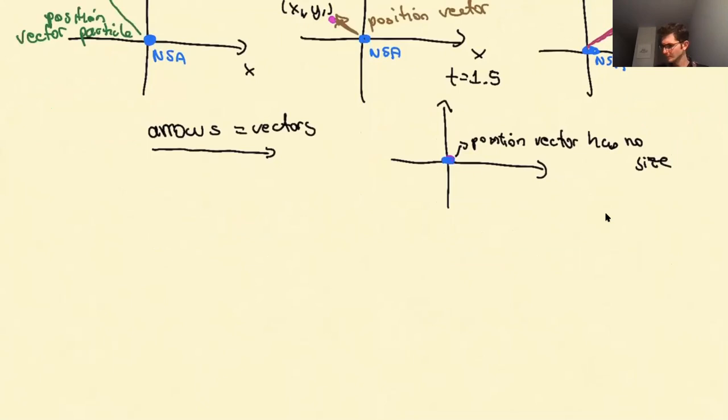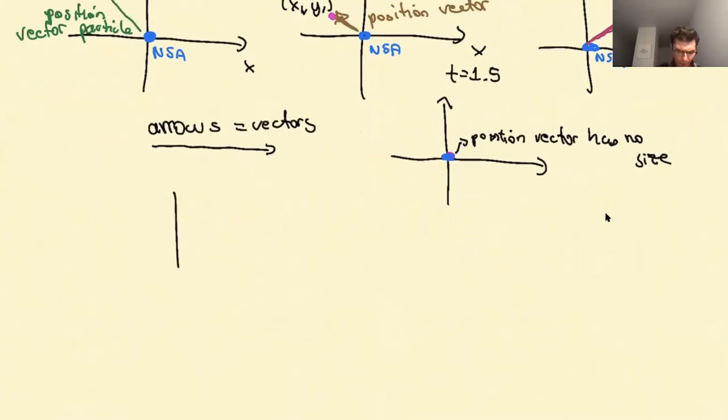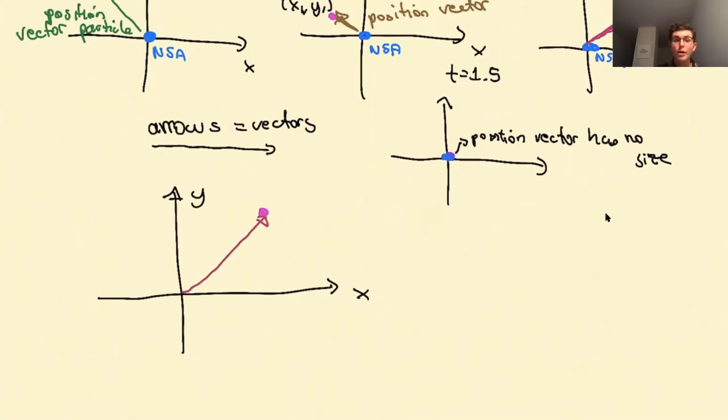So the point here is that in general, your dot will be somewhere on the xy plane, and so there will be this position vector, which in general is called r.